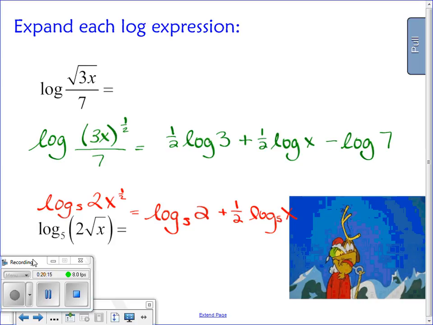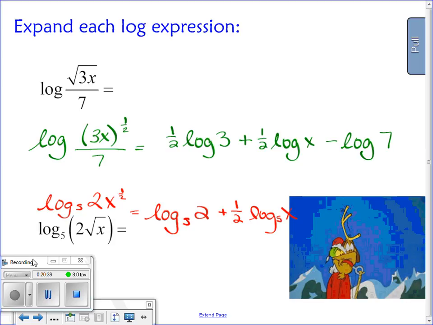This whole thing? Since it's radical x, I switched that to x to the 1/2. So then I just did log base 5 of 2. These are being multiplied, so I would switch to an addition sign. And then you take your exponents, and they go out in front. So 1/2 went out in front, and then the log of x. Yeah, the multiplication splits to adding, exponents come out in front.